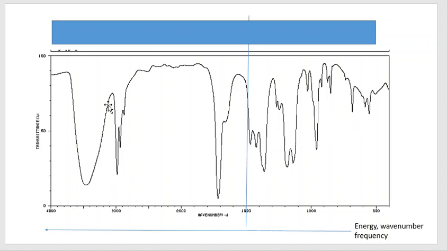This is weird because we're usually used to looking at peaks which go up, but these are like they're upside down. If you have something that has like a 5% or 10% transmittance, like this band right here, that means that most of the light has been absorbed by the molecule as it goes from one vibrational state to another.